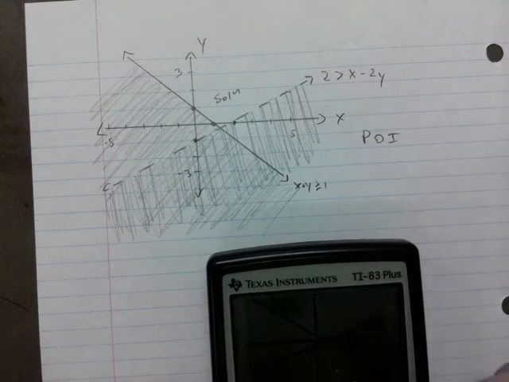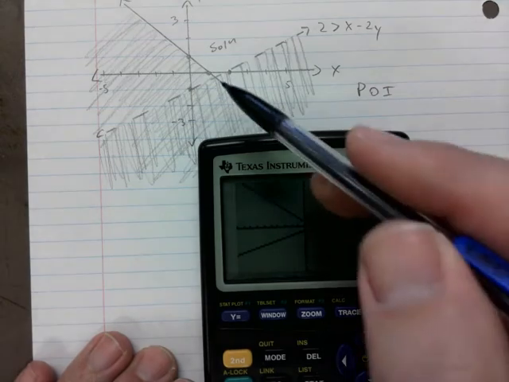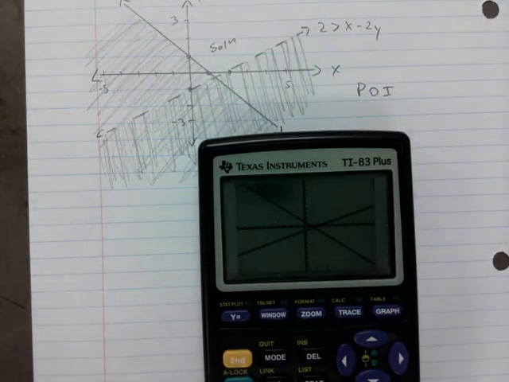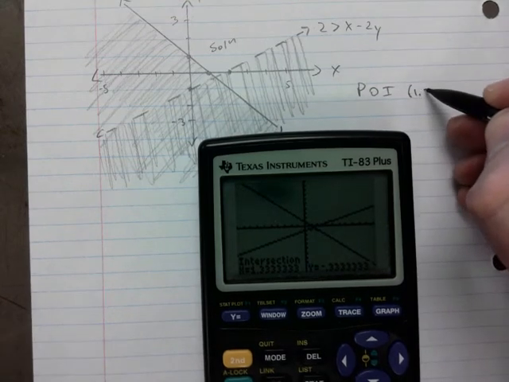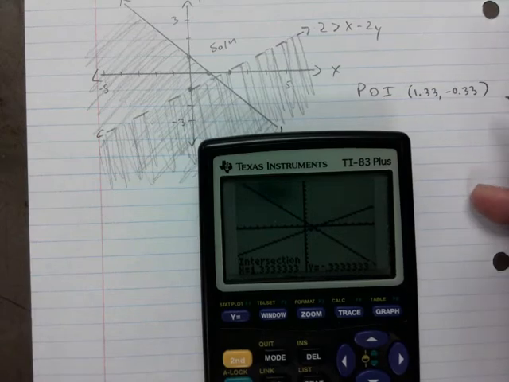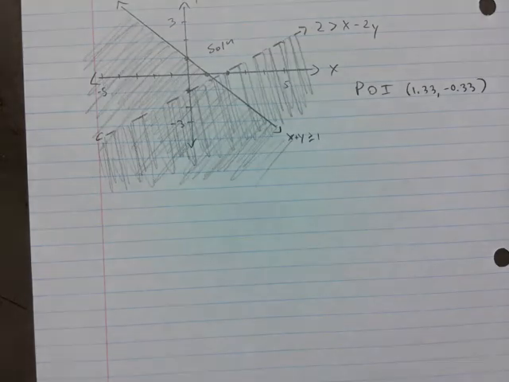Okay, and it does look like it's connecting in a similar area to what I have, right? So second trace 5, enter, enter, enter. So it's 1.33, negative 0.33. So this one isn't as pretty, right? And again, this one would not be part of the solution.